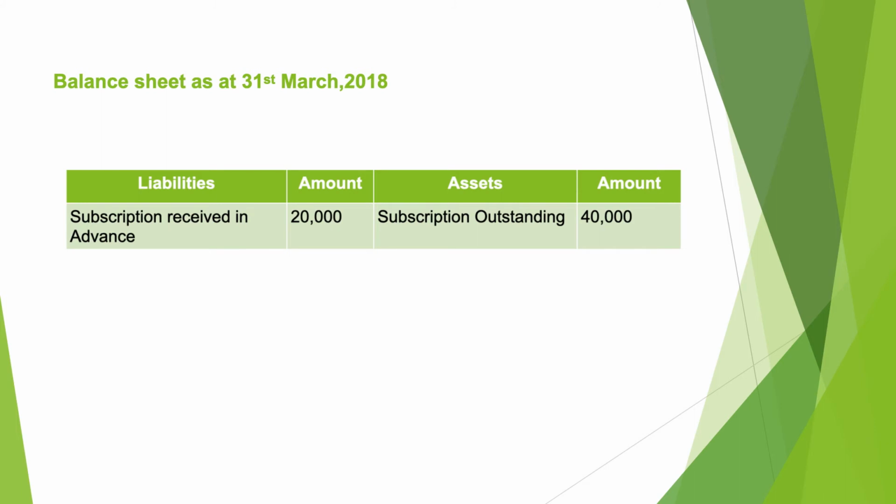So this was basically the treatment of subscription in the final accounts of a non-profit organization. In this way, you can solve the subscription questions. So this was just a part of the question. You will be getting a full-fledged question where subscription will be part of that question.